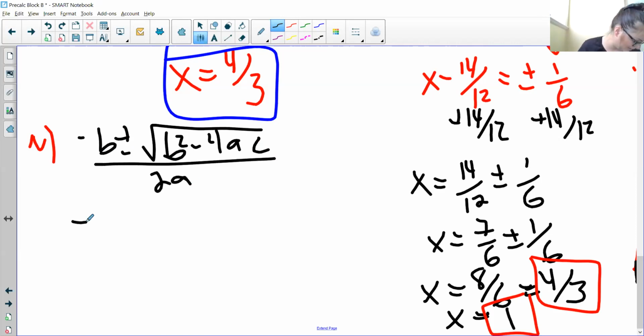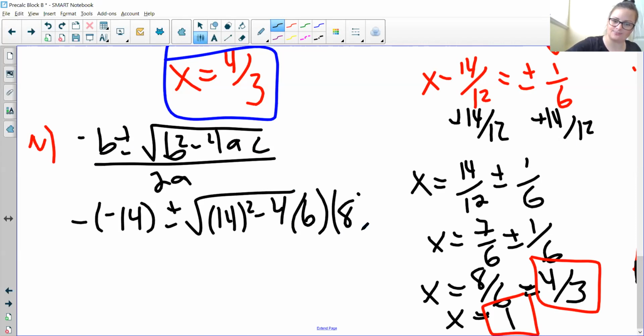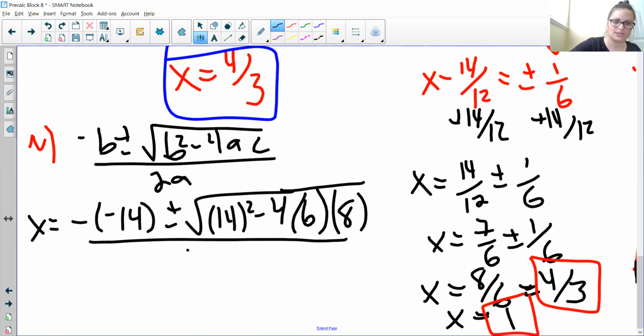Negative b was negative 14, so negative 14 plus or minus the square root of 14 squared minus 4 times a, which was 6, and c, which is 8, all over 2 times a, which again was 6. So that's just me putting the values in the right place.